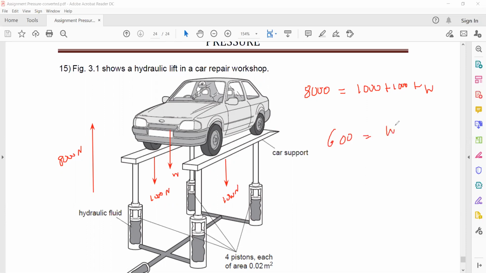So the weight of the car is 6000, but we need the mass of the car. We have the formula weight is equal to mass multiplied by gravity, or mass is equal to weight divided by gravity. The weight of the car is 6000 and the gravity is 10. So the mass of the car will be 600 kilograms or kg.